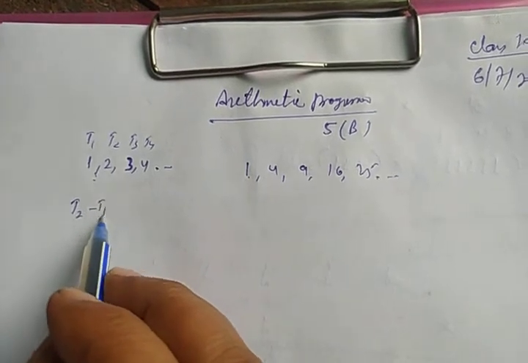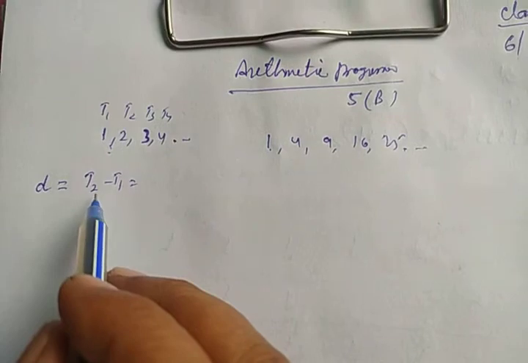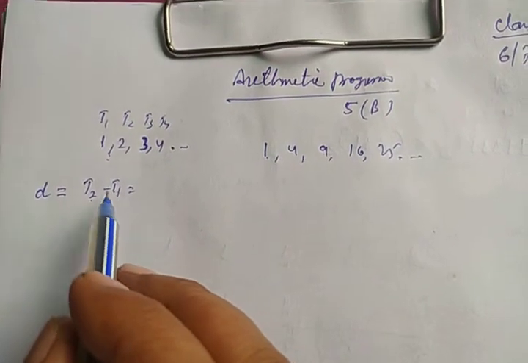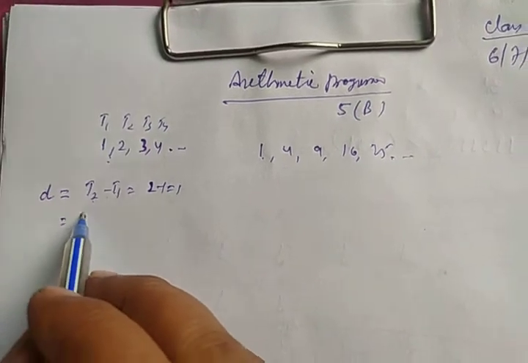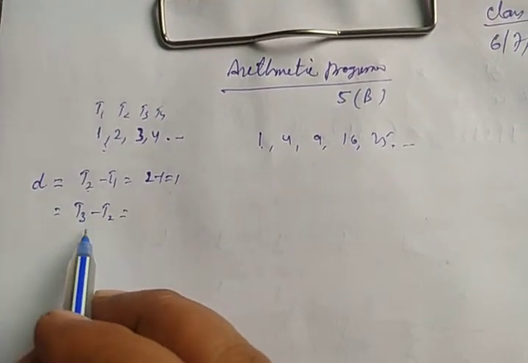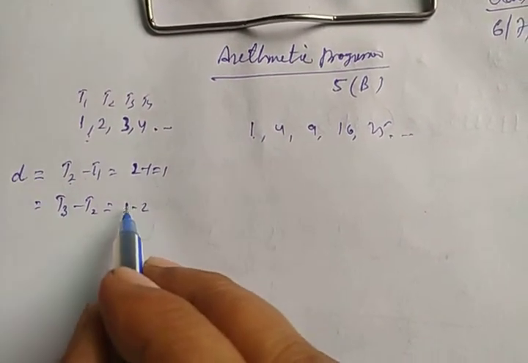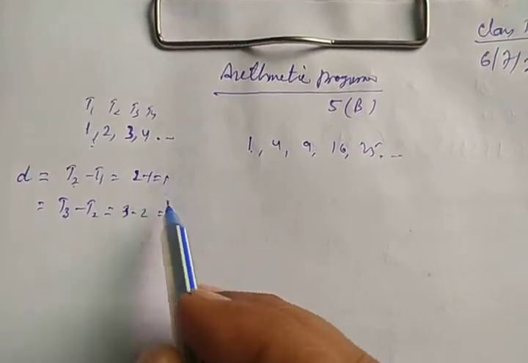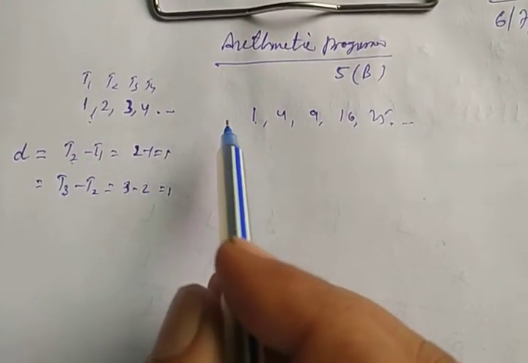Now T2 minus T1, the difference, will be denoted by letter D, and it is calculated by any term minus the previous term. It is coming 1, 2 minus 1, that is 1. You can calculate T3 minus T2, that is 3 minus 2, again 1. This difference should be equal. If this is equal, then the given sequence is AP.